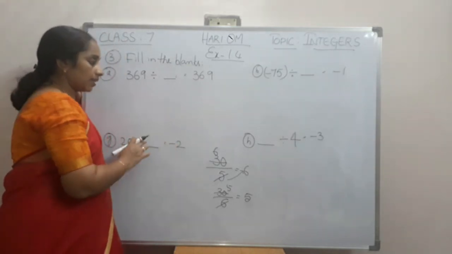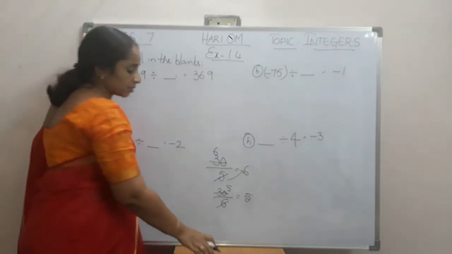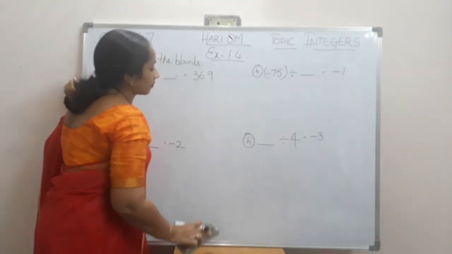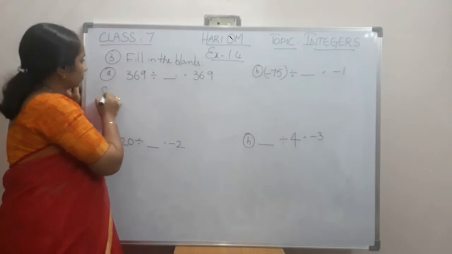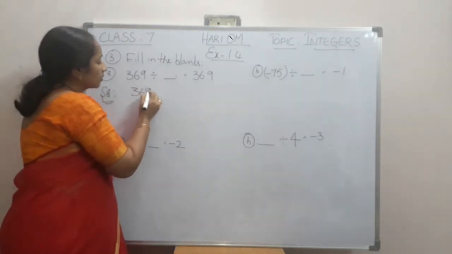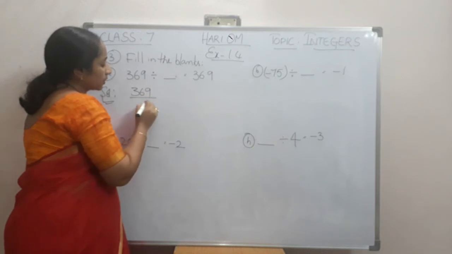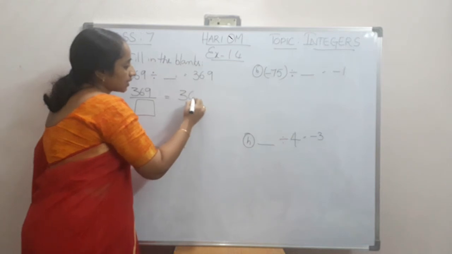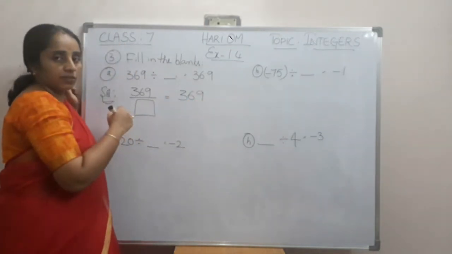So by using that we can fill these blanks. 369 divided by something should be here, to get the result 369 only.